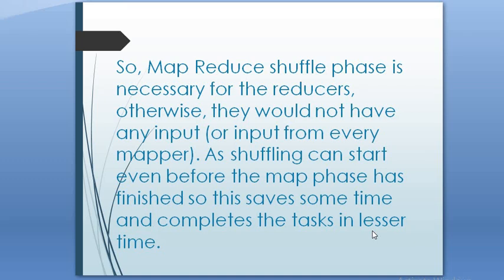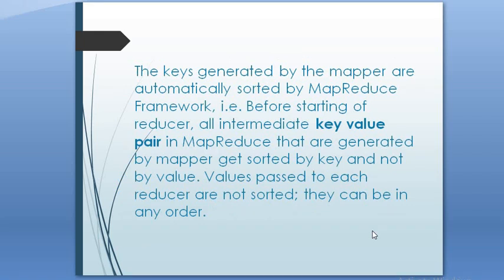So the MapReduce shuffle phase is necessary for the reducers. Otherwise, they would not have any input from every mapper. As shuffling can start even before the map phase has finished, this saves some time and completes the task in lesser time. The keys generated by the mapper are automatically sorted by the MapReduce framework.